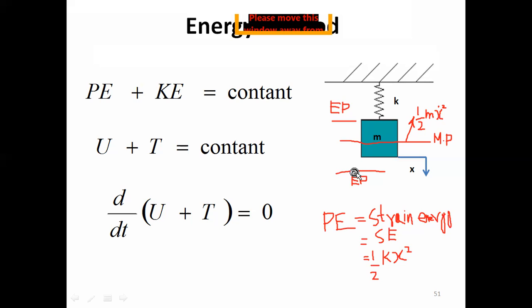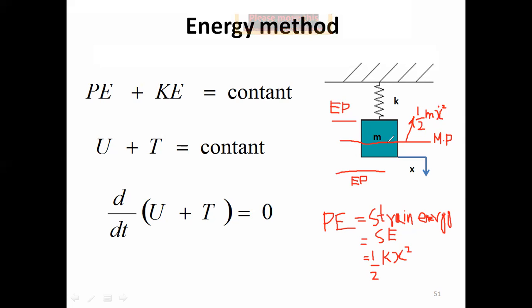In between these extreme positions and the mean position, we have intermediate states where the system would have both potential energy and kinetic energy. But when the system reaches here, the displacement would become zero. So the potential energy would become zero.